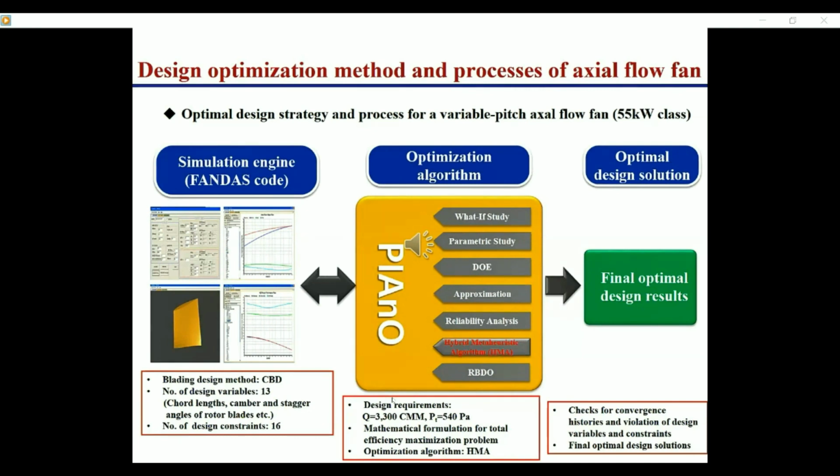The optimization algorithm we use is the hybrid meta-heuristic algorithm HMA, which is a function-based method. After iterative computation of design variables, we check the convergence histories and the violations of design variables and the design constraints, and then obtain the final optimal solution of the axial flow fan.